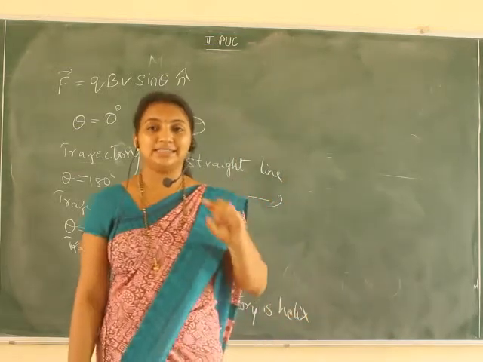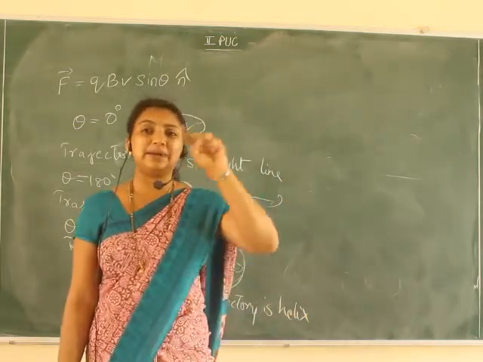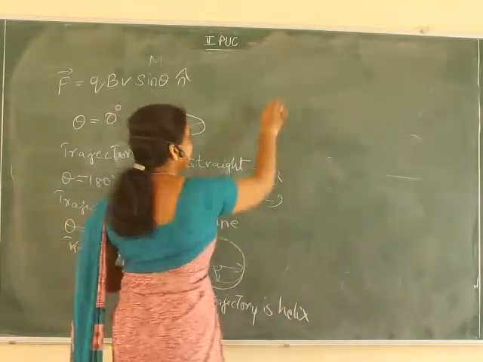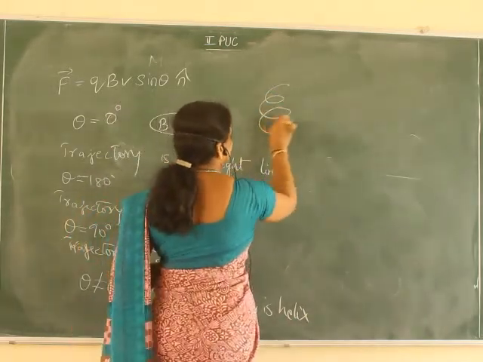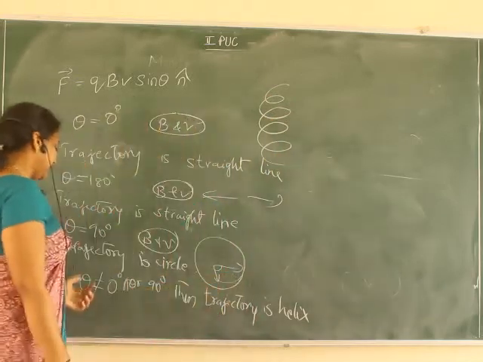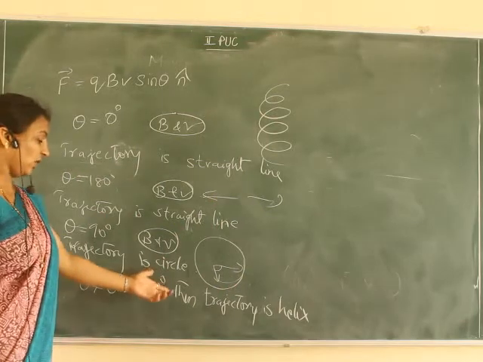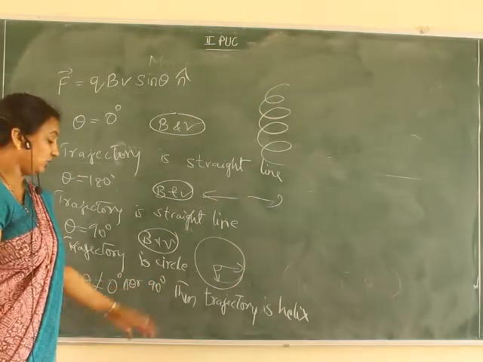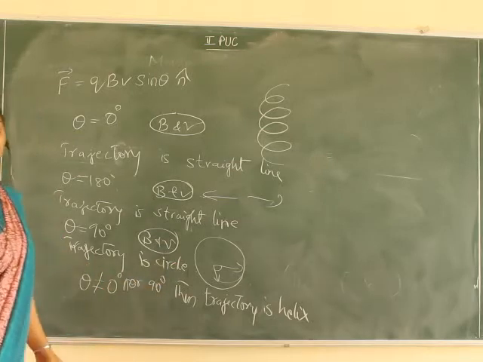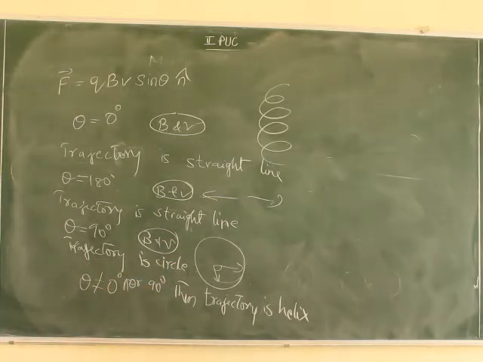A spring will not make a complete circle, it will keep shifting forward, like this, helix. Understood? Please don't forget these points. Very, very important.